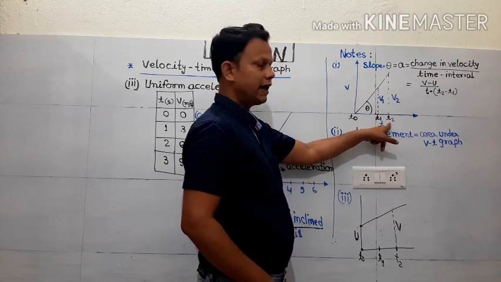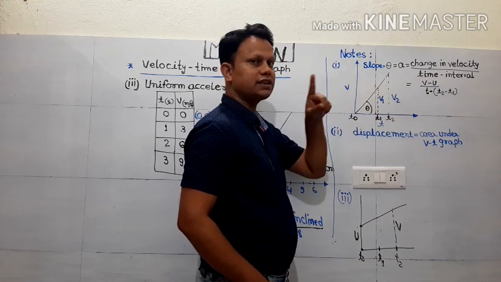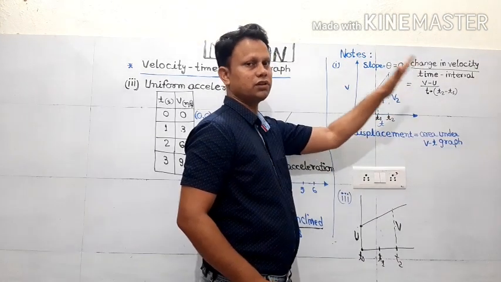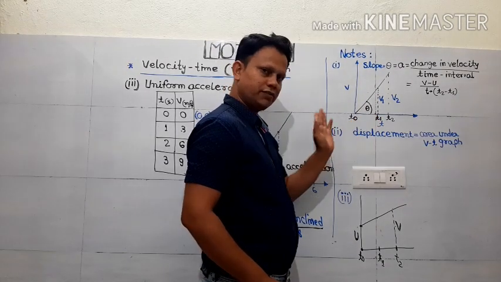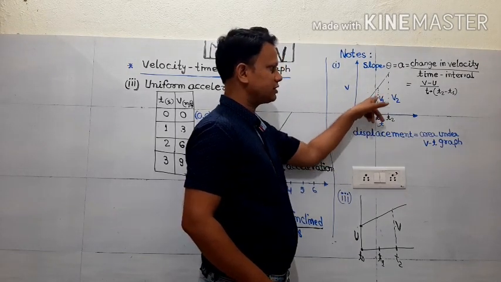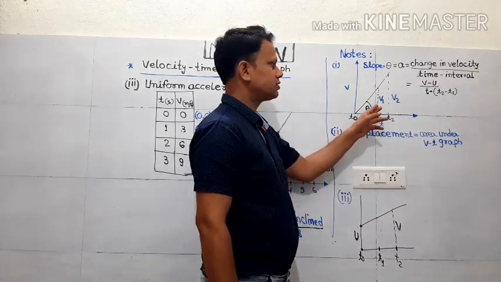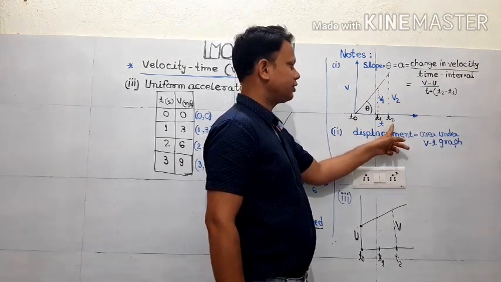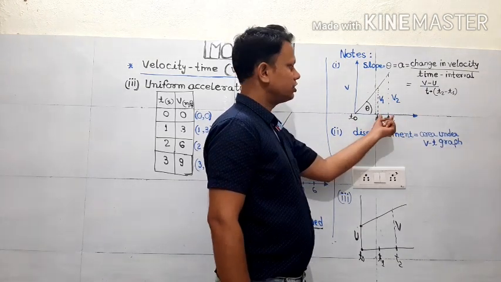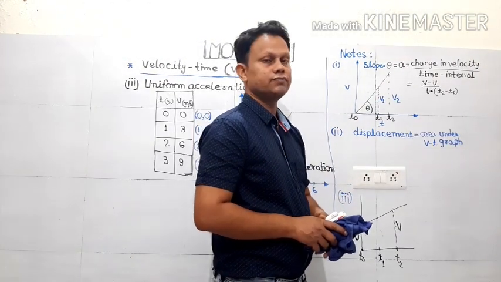Only you have to take at t2 the velocity, suppose here it is v2, as final velocity because it is being observed later on, and for t1, the previous time, we are taking the velocity v1, that we'll take as initial velocity. So what can we take there? v2 minus v1 by t2 minus t1. So this period of time we will also get the same value of acceleration.